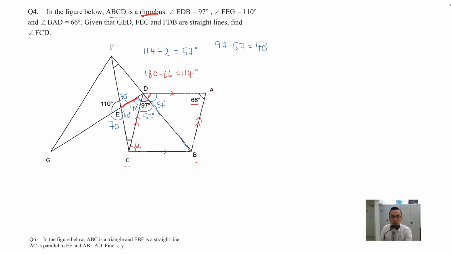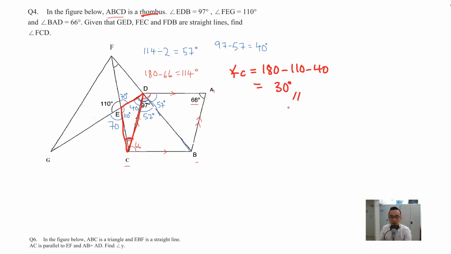So if I look at this triangle, I can see that this is the angle that I'm looking for. Therefore, angle C equals 180 minus 110 minus 40 equals 30 degrees.